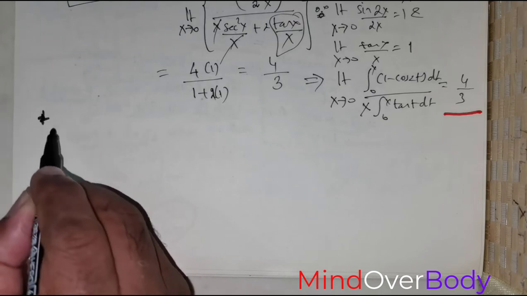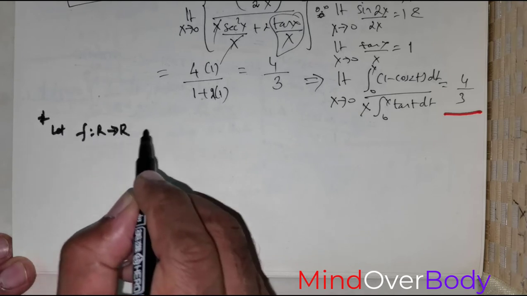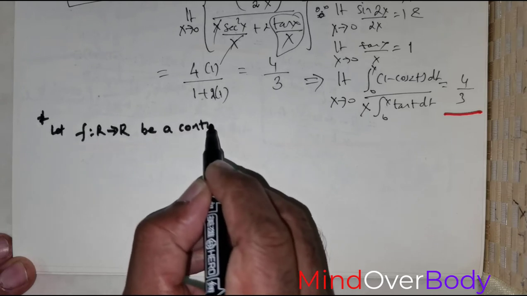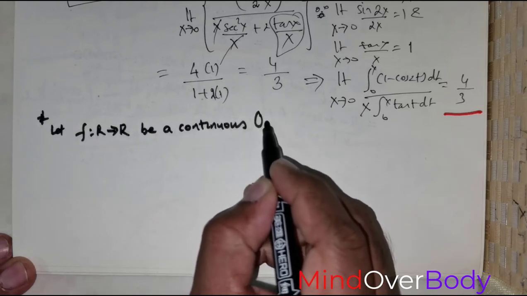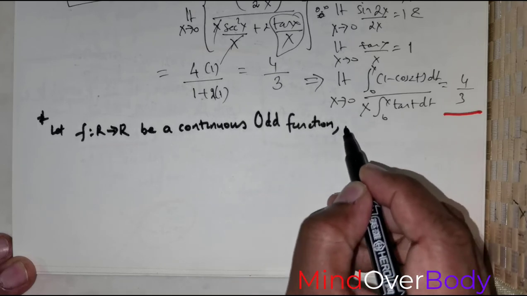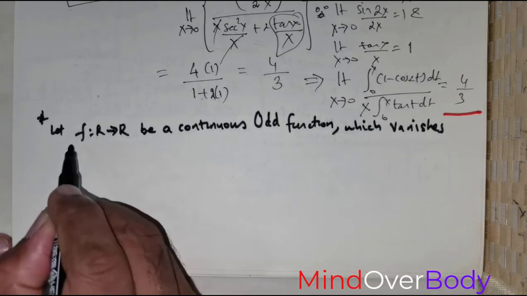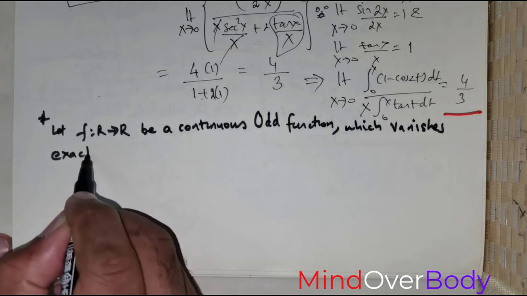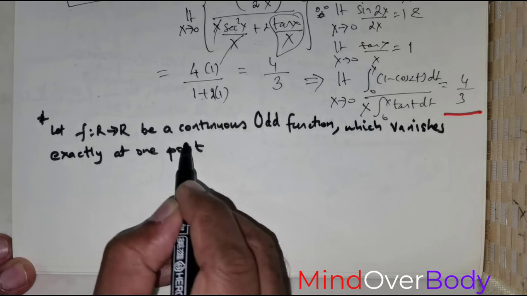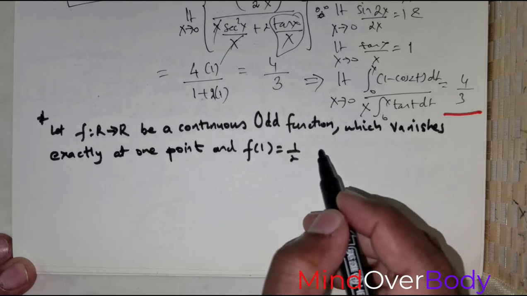Let f going from R to R be a continuous odd function which vanishes exactly at one point, and f of 1 is given to be equal to 1 over 2.